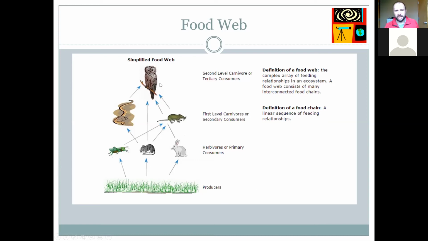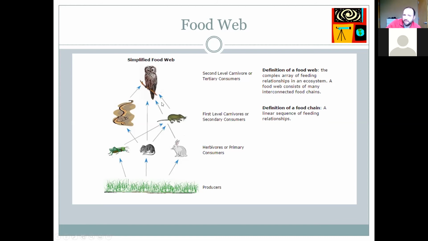I don't want to spend too much time on this, but my point is that you could keep going and going and going. The phrase top of the food chain means you finally get to an animal that's not preyed on by any other animals. Above this owl, there could be animals that are eating or killing and consuming owls.